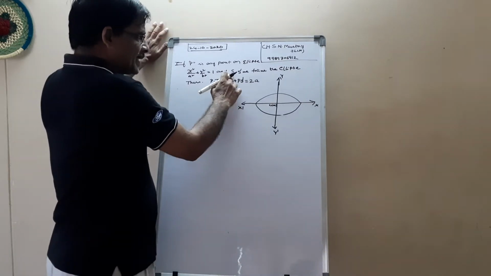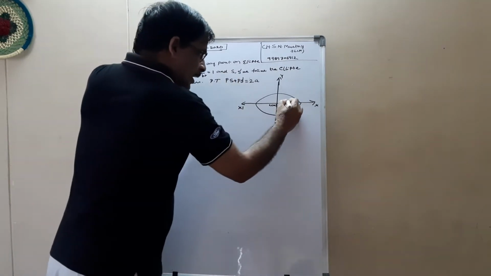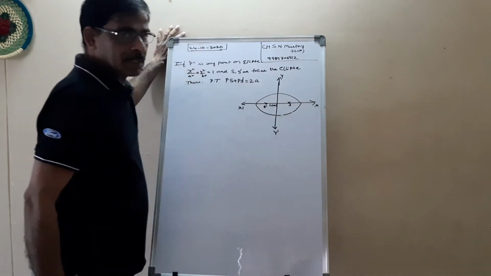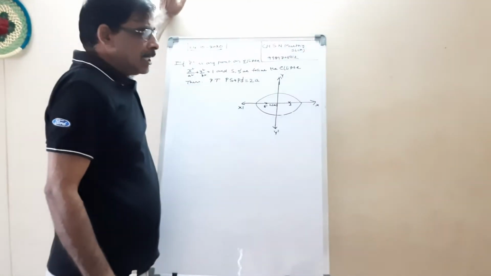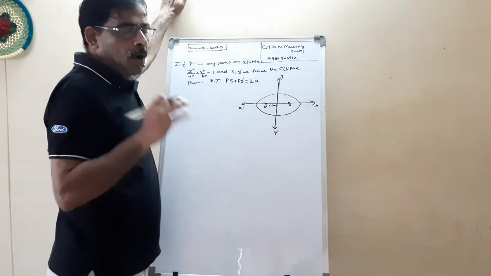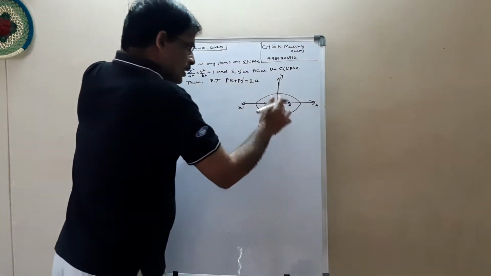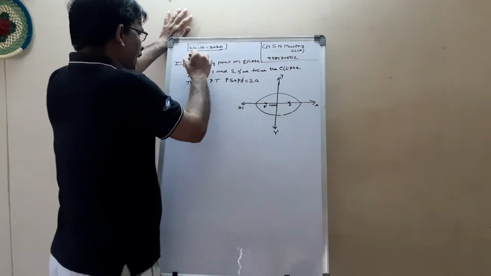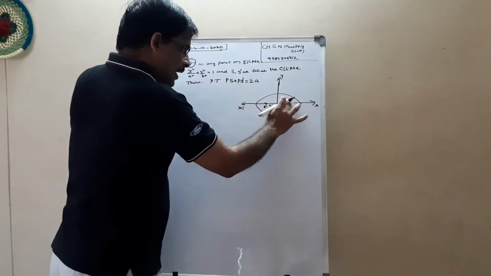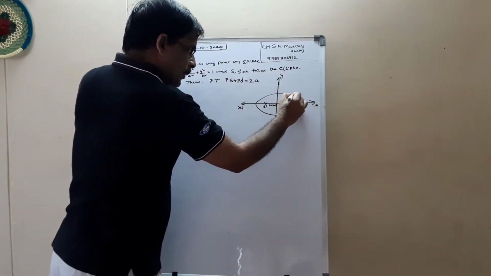See, S dash, S is a focus here. So the ellipse has two foci. S and S dash are foci of the ellipse. See here, P is any point on the ellipse. Let us take P as a point here.